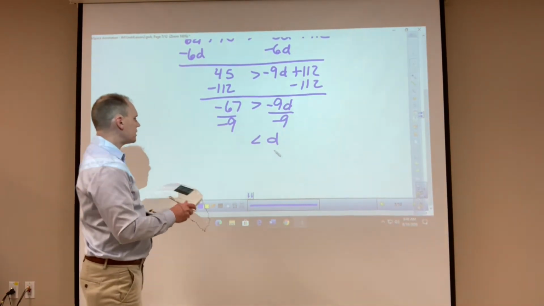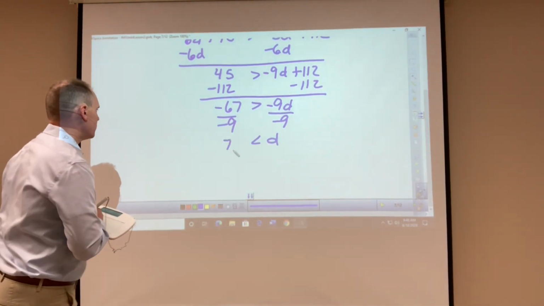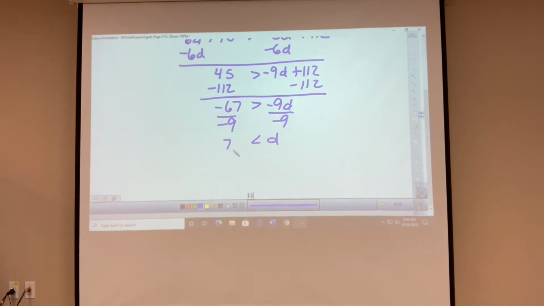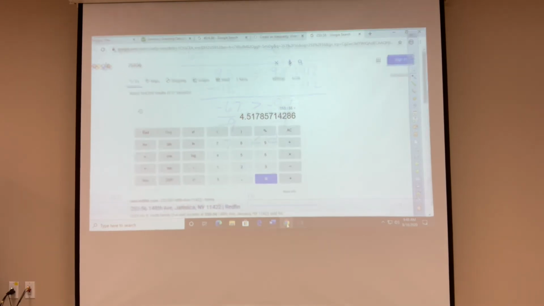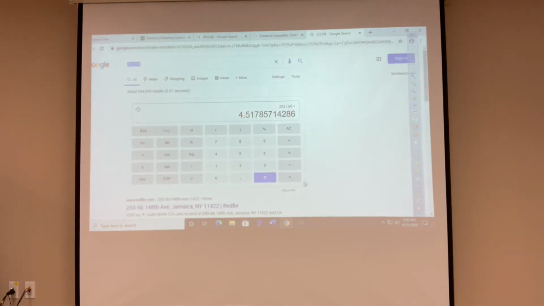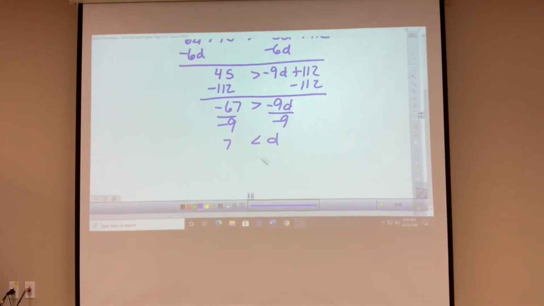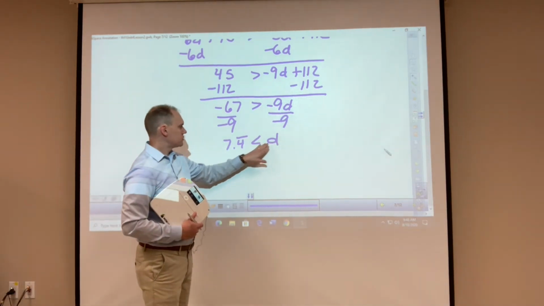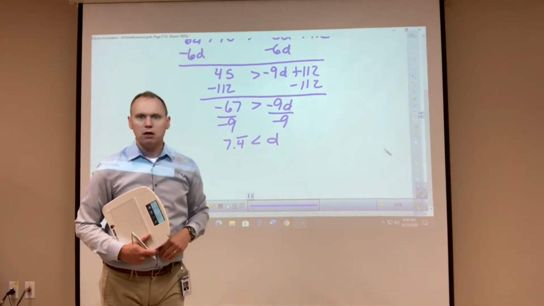So it's going to be positive 7 point something, let's see exactly, 7 and 4/9, I think. Let's just check here. Yeah, 7 and 4/9. So 7 and 4/9 is 7.4 repeating days. So when the number of days is greater than 7.4 repeating.